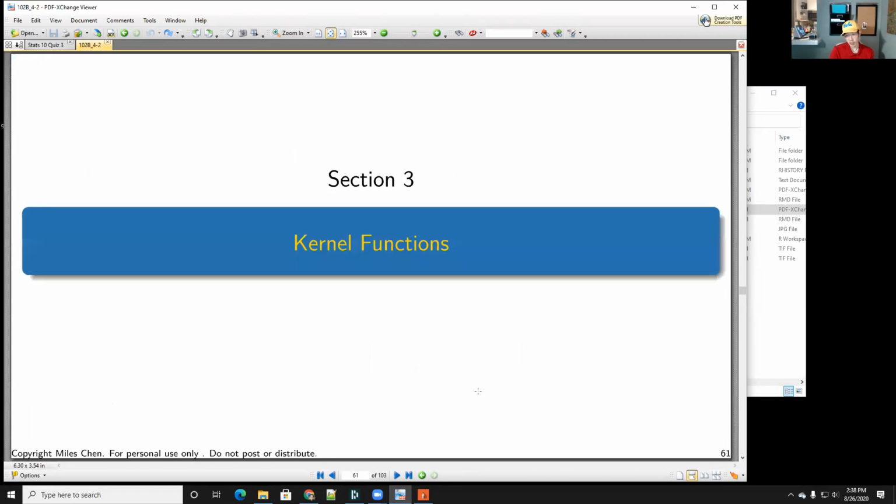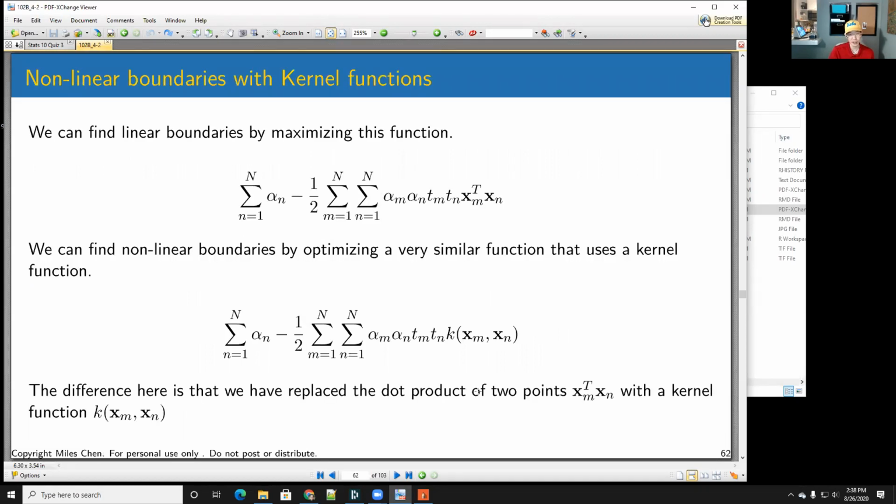Okay, and also getting data into that form allows us to use something called a kernel function. Okay, so right now what we have is we're defining our linear boundary by trying to maximize this. Okay, and we can find nonlinear boundaries by trying to maximize what we call a kernel function.